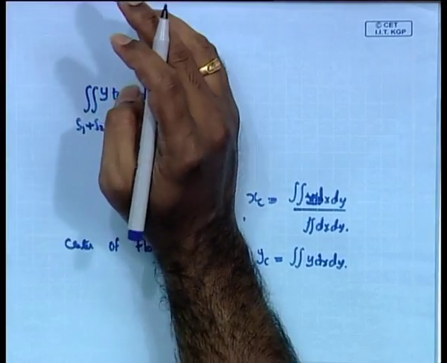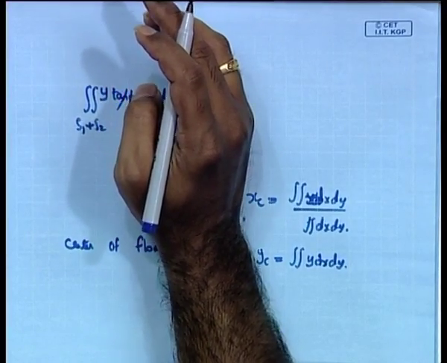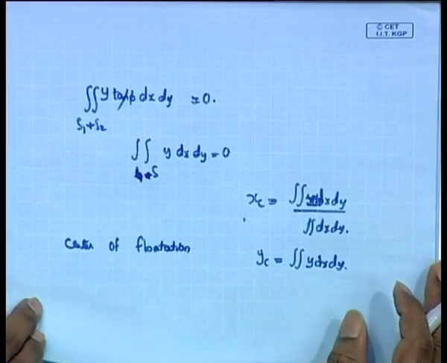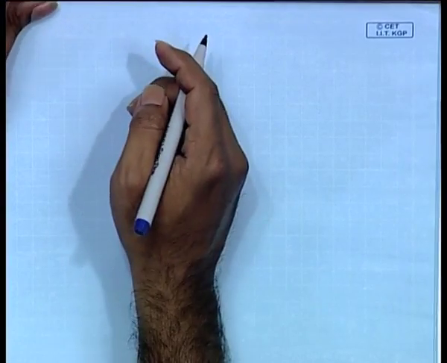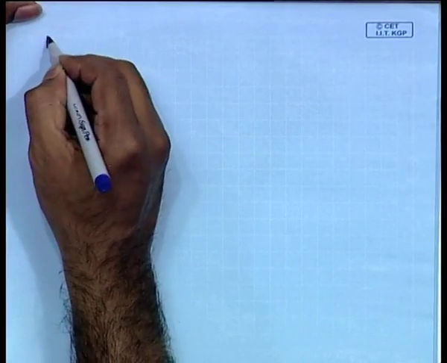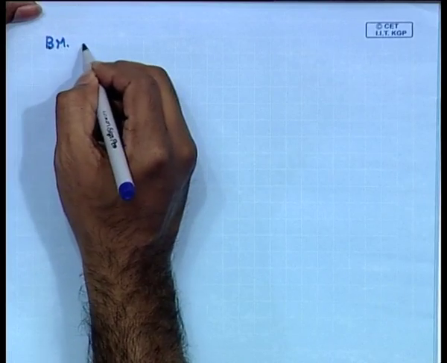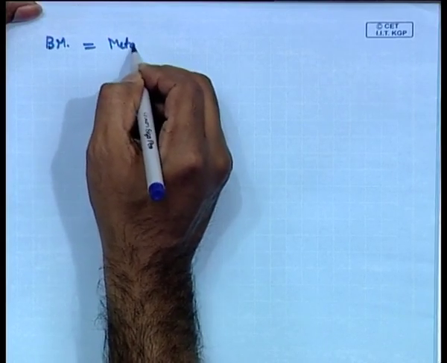That is an important point in naval architecture. Then let us consider something else, that is BM. BM is known as the metacentric radius.